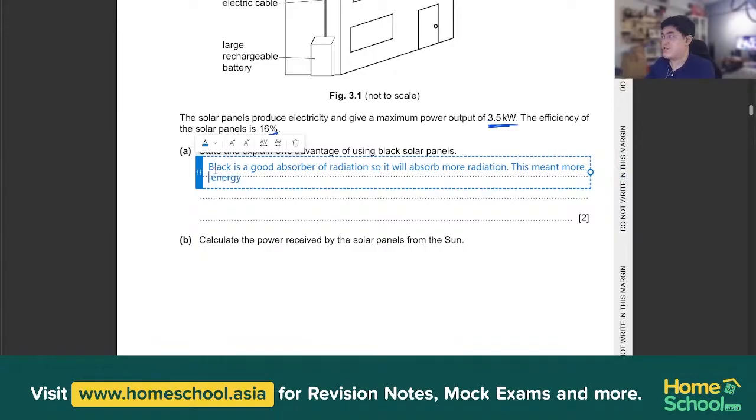Right, this meant more energy generated and makes the solar panels more efficient. Okay, there we go. Fantastic.